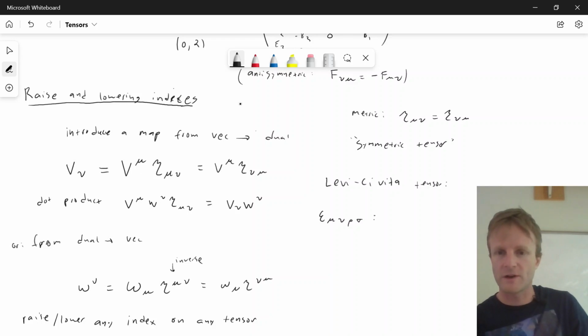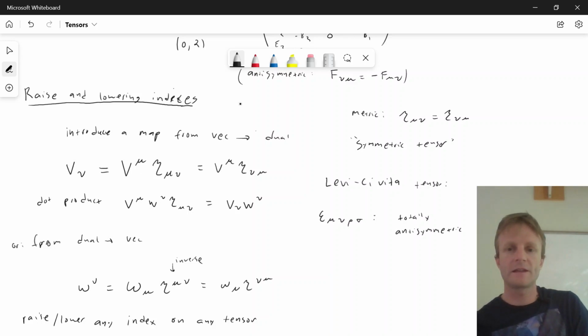And it's just defined to be totally antisymmetric, which means swap any 2 indices and you get a minus sign.